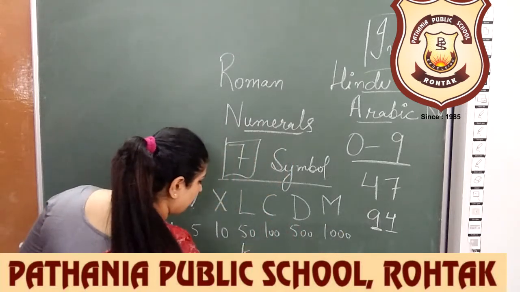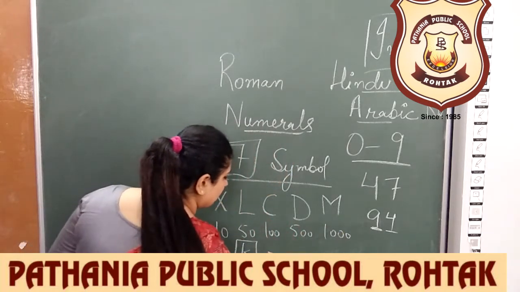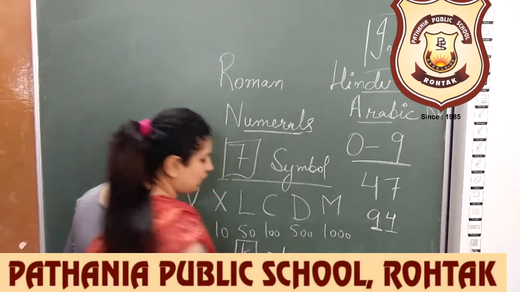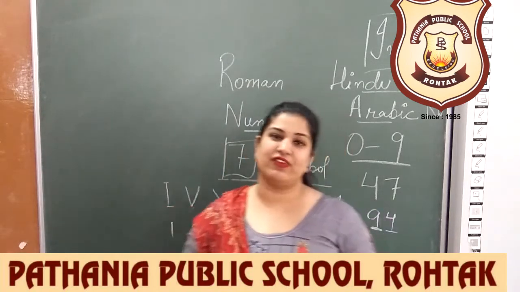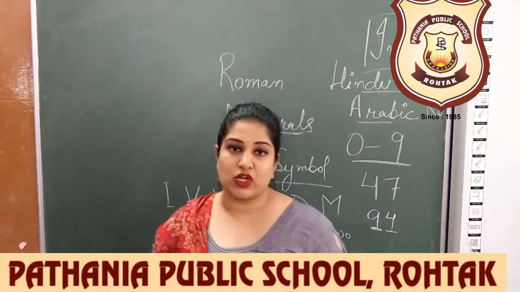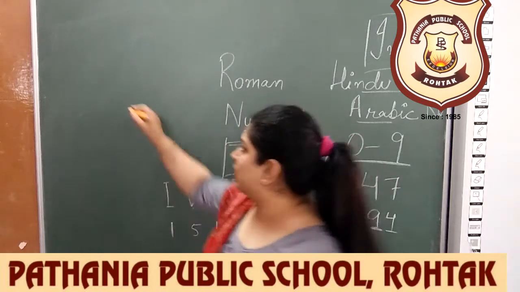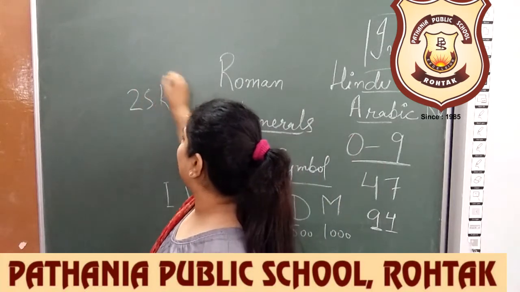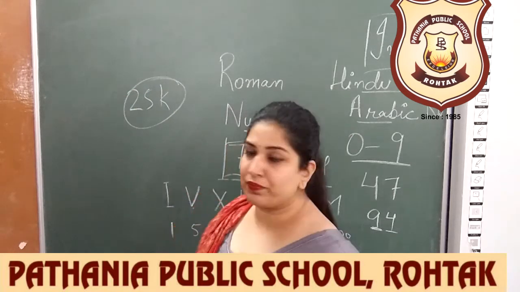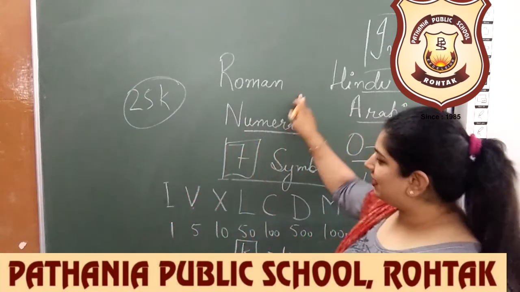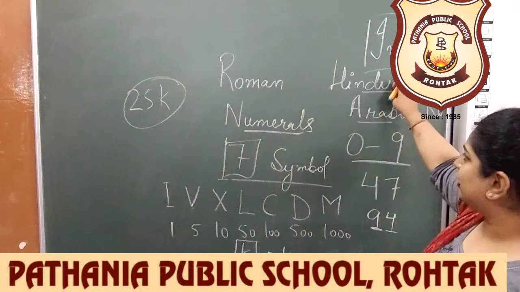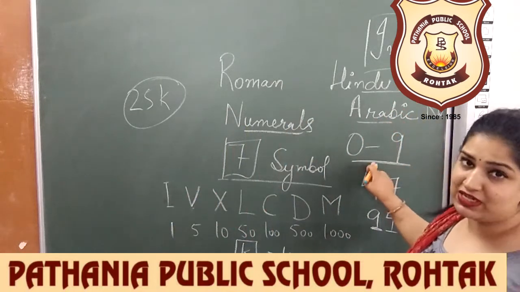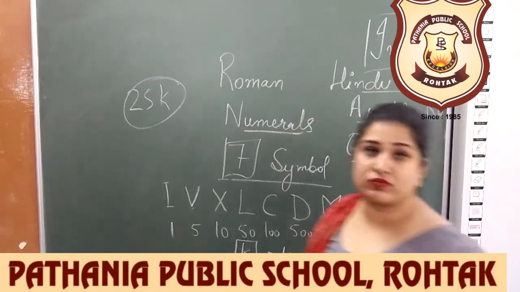Also, we use K to write 1000. Nowadays, we are using WhatsApp language, right? So to write 25,000, what we are writing? 25K.